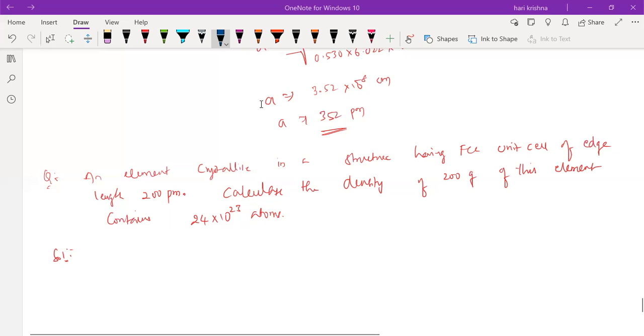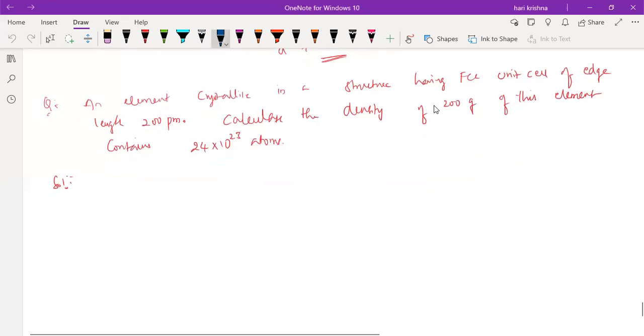So it's also a simple problem, right? Already they have given the edge length as 200 picometers and the mass also 200 grams. And the NA value they have already given, 6.022 into 10 power 23.